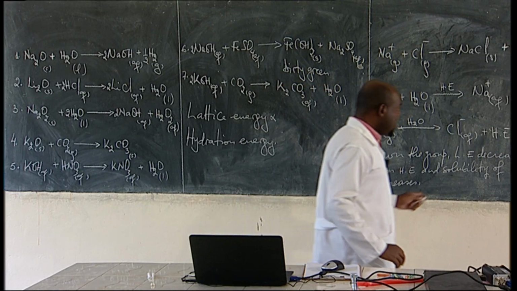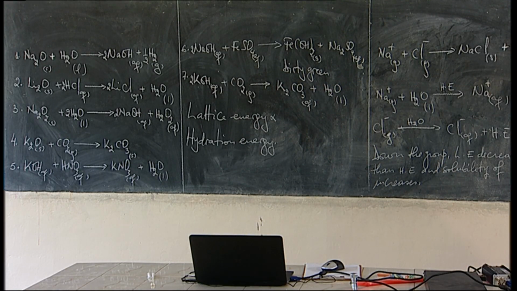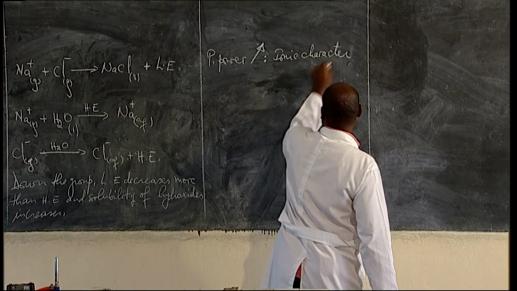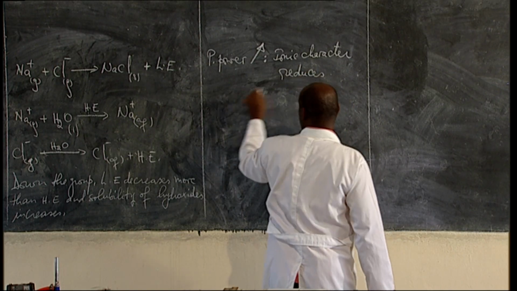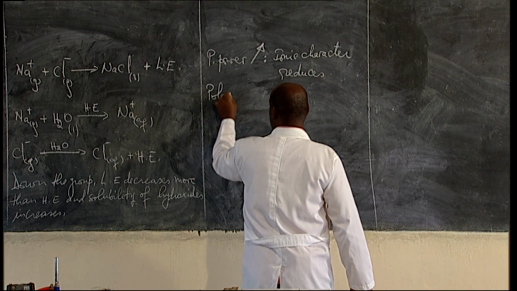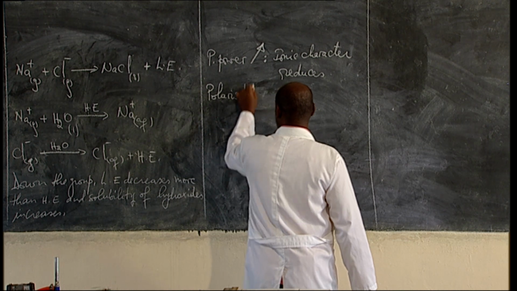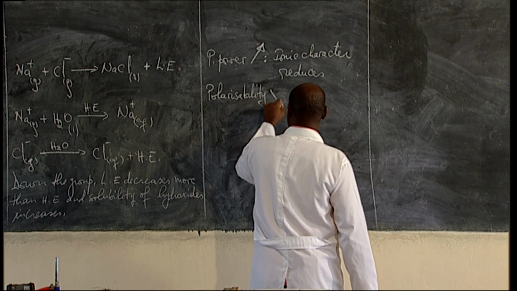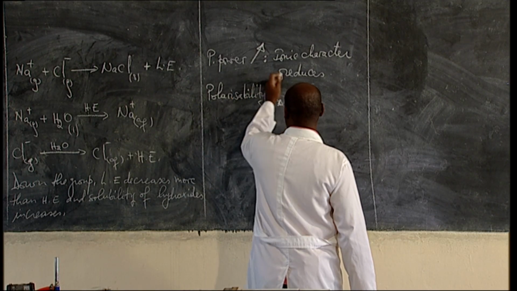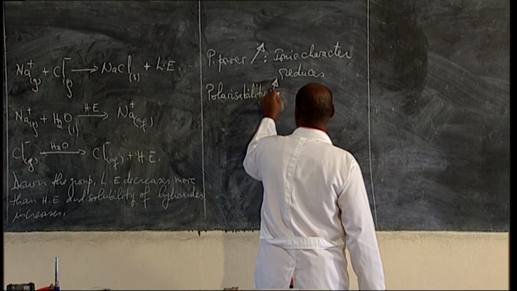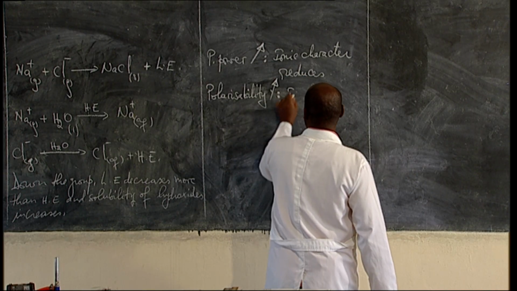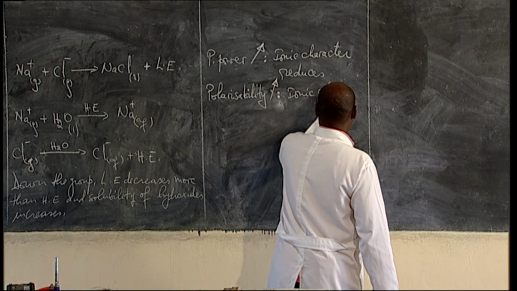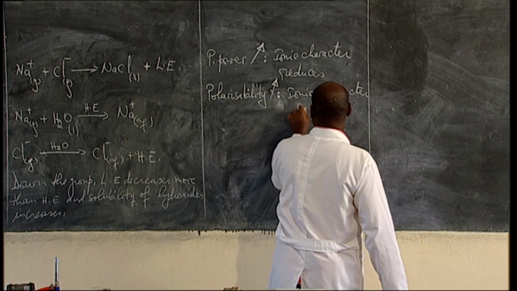So when polarizing power increases, the ionic character reduces. And when polarizability increases, the ionic character will also reduce.